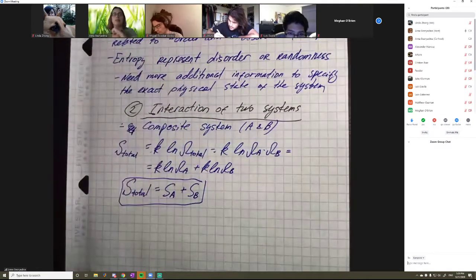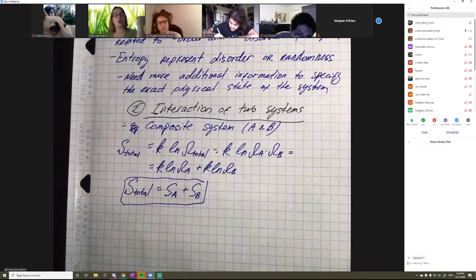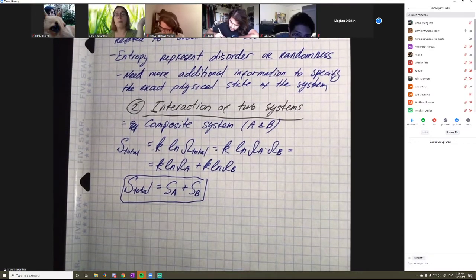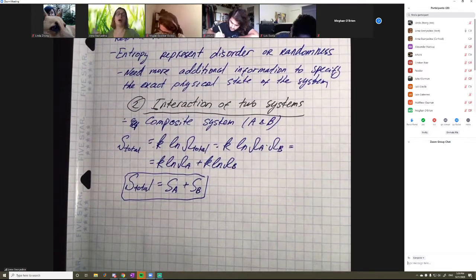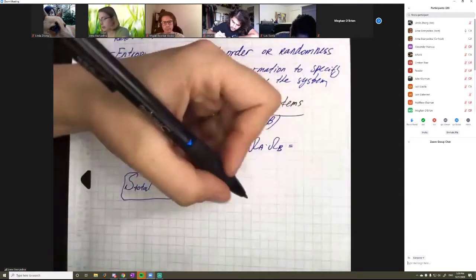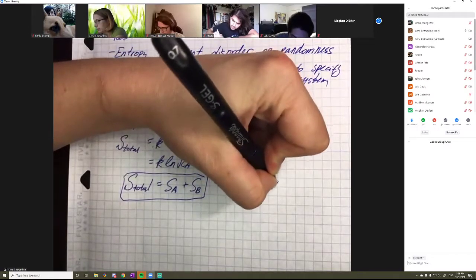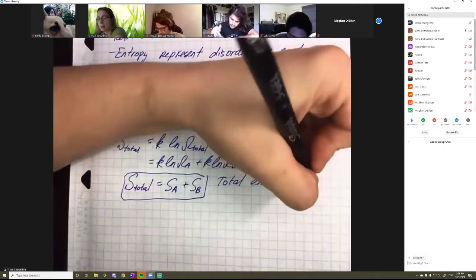When you see this type of simple equation, you think, duh, it's obvious, but it's not necessarily. Sometimes they are much more complicated. But for entropy, as we add another object to the system, we just add its entropy. So total entropy is the sum of its parts.